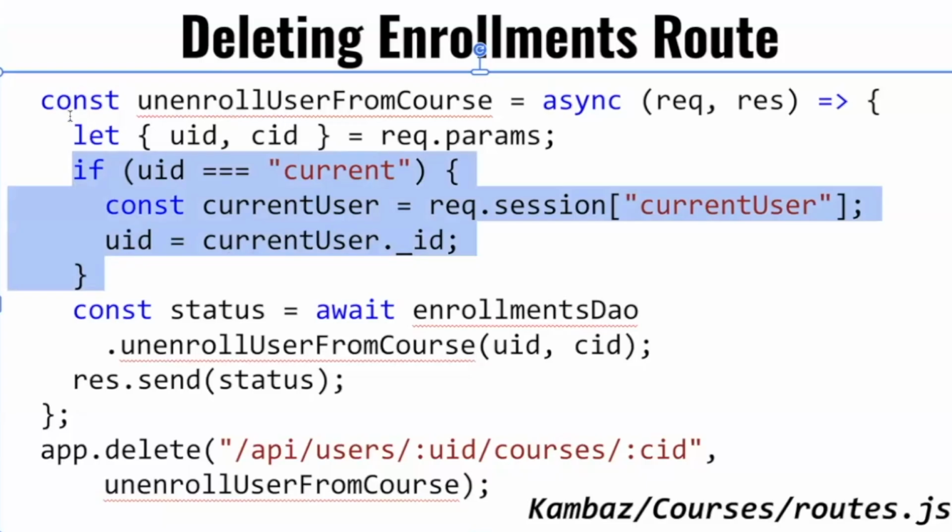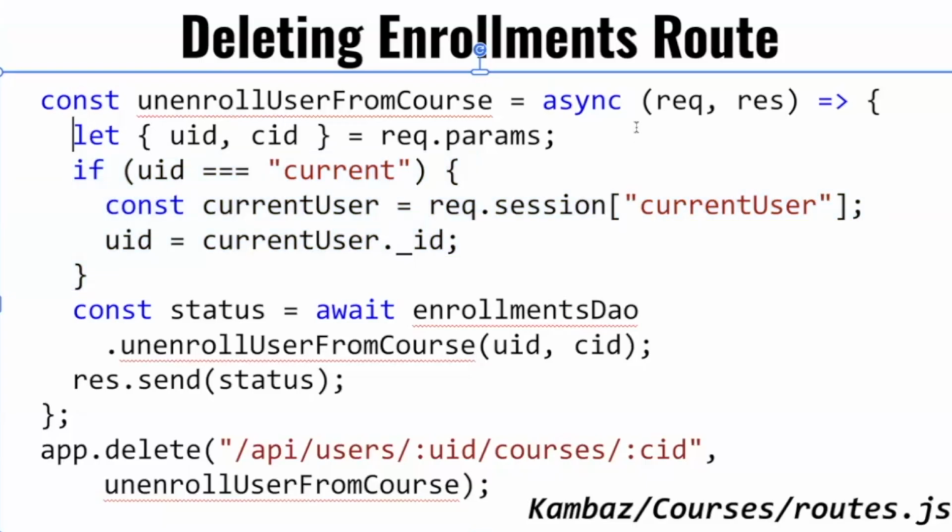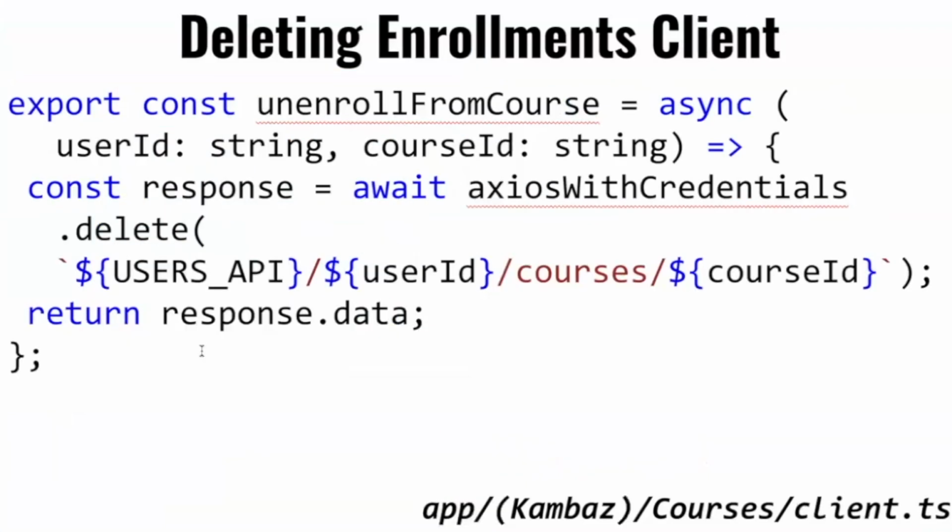But this is ready to also be used by a system administrator if you provide the ID of someone else. So me as a faculty, I can enroll or unenroll other people, or they can enroll on their own. Same thing for unenrolling in the client. You can pass in both the ID of the user and the course that are unenrolling.